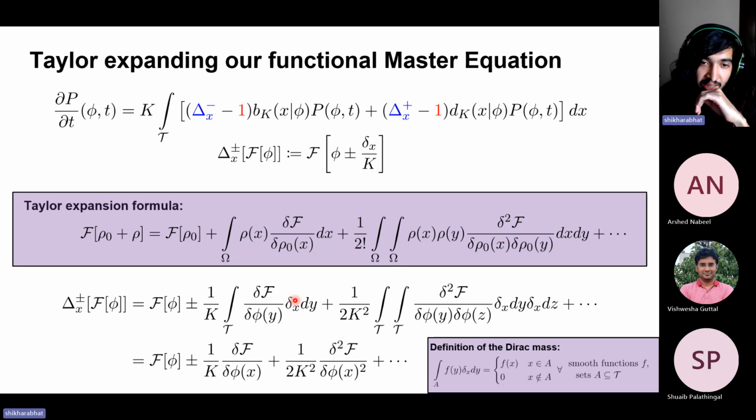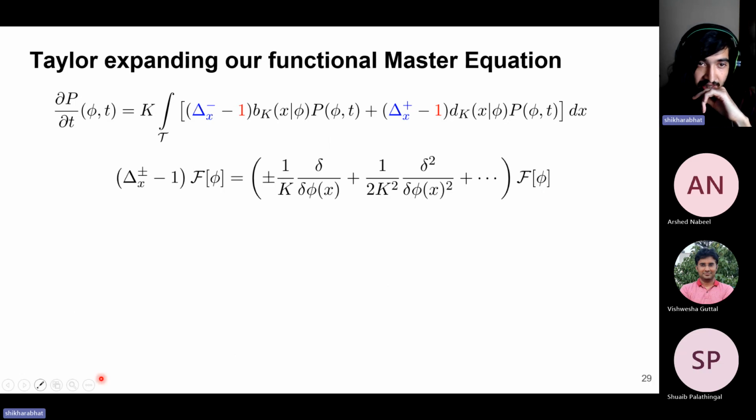So we have some expression here. We can now subtract f of phi from both sides, because what turns up in the master equation is not delta plus minus, but delta minus minus 1 and delta plus minus 1. So if I just subtract mathcal f of phi from both sides, here's what happens.